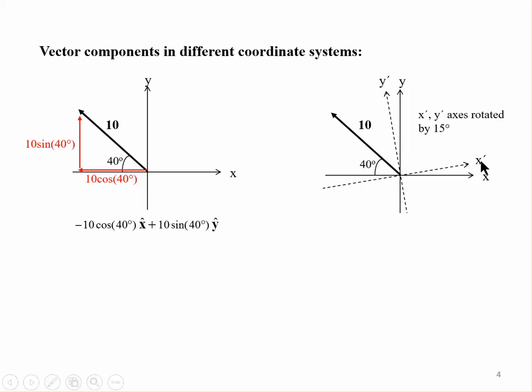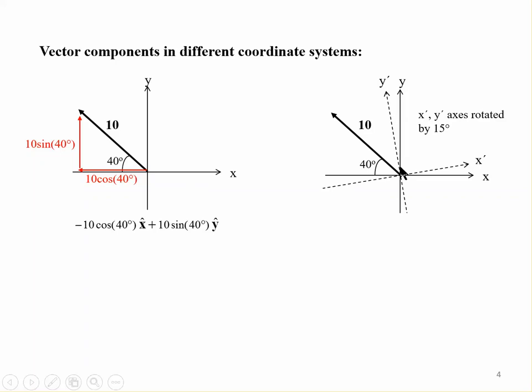I'll call these the x prime, y prime axes. And these new coordinate axes are tilted relative to the old one. They've been rotated by, let's say, 15 degrees. So there's 15 degrees from here to here, 15 degrees from here to here. In other words, just take these two coordinate axes and rotate them counterclockwise by 15 degrees. And that gives you these new coordinate axes, these dashed ones.